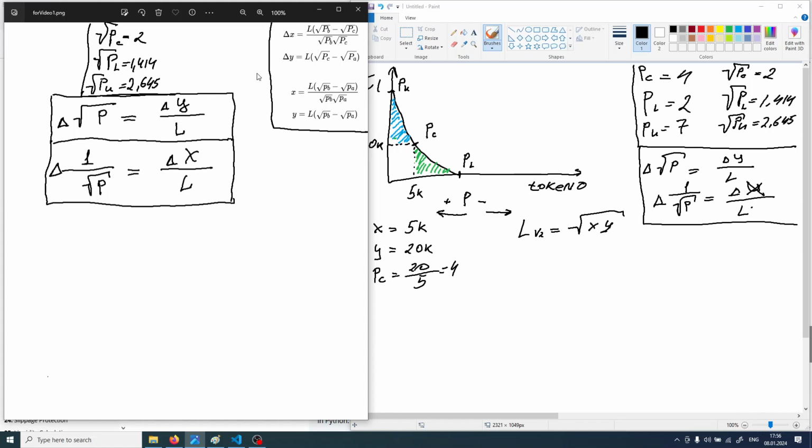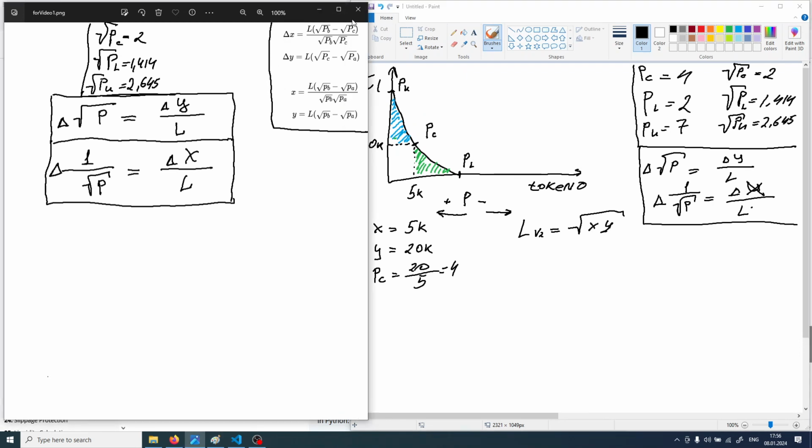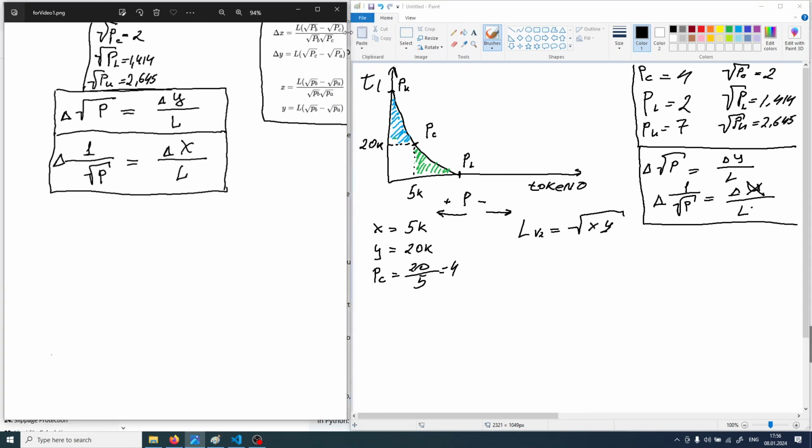In our case, delta is equal to how many assets we put, so in our case token 0 delta x will be 5,000, and y will be 20,000.